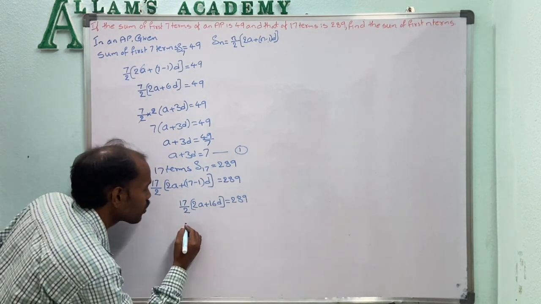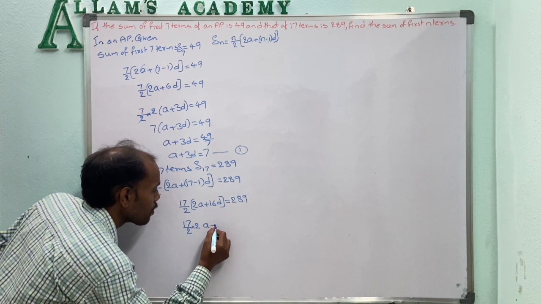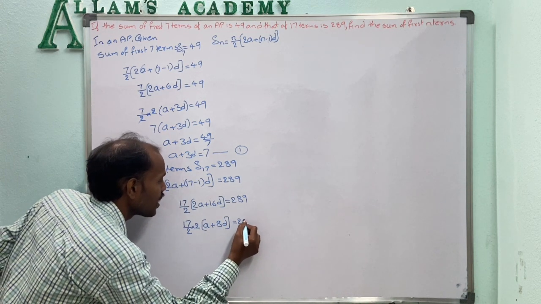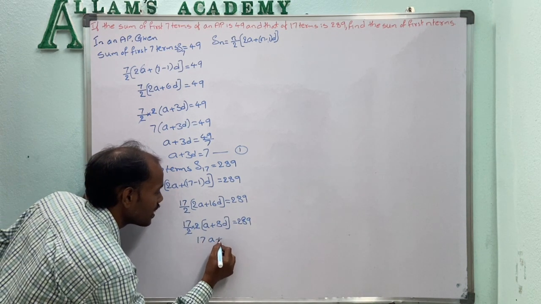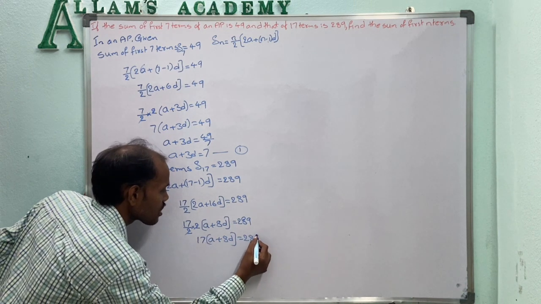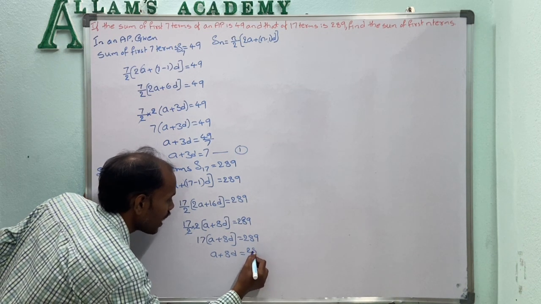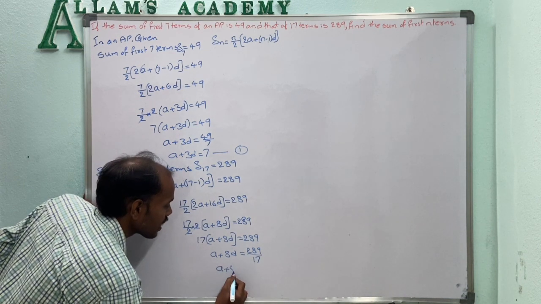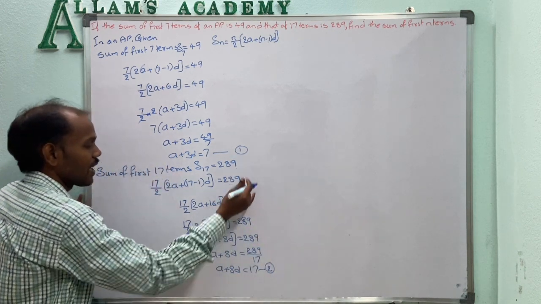So now in this, taking 2 as common, 17 by 2 into 2 into a plus 8d is equal to 289. Now 2 gets cancelled. So 17 into a plus 8d is equal to 289. Now this multiplication 17 transfers to RHS, that is division. So a plus 8d equal to 289 by 17. So 289 by 17 is nothing but 17. So this will be taken as the second equation.